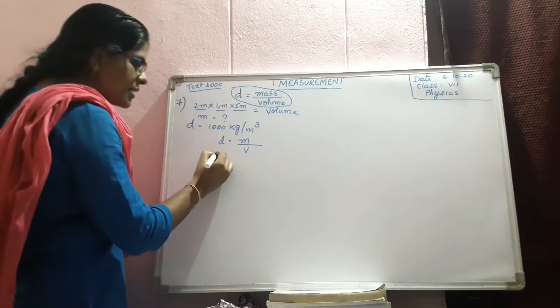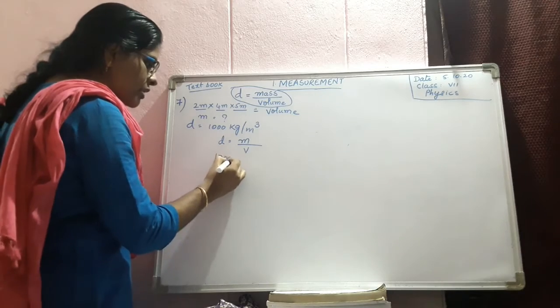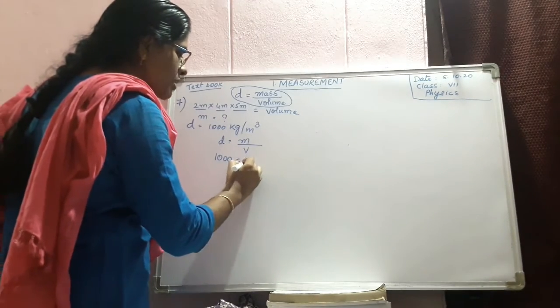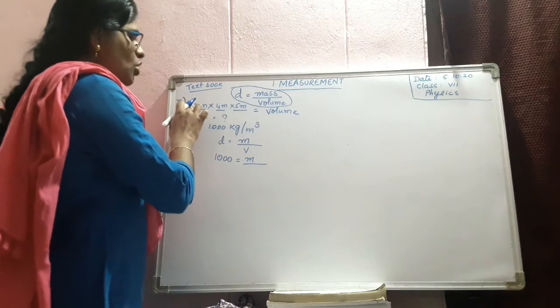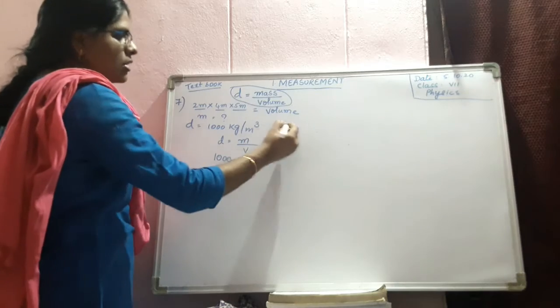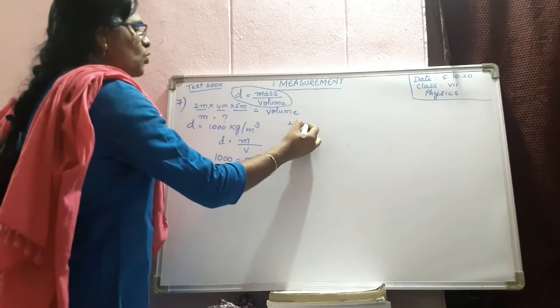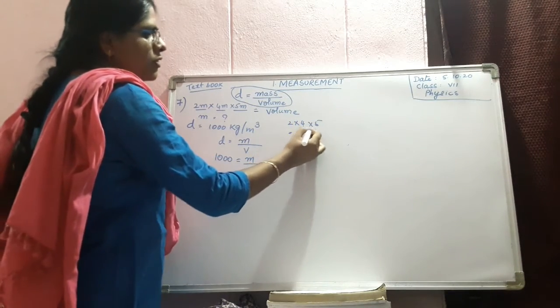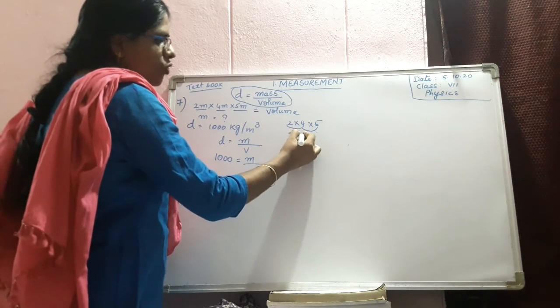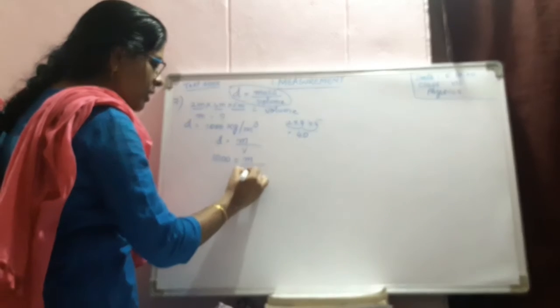How much is the density? 1000 equals mass, which I don't know, by volume. Volume is 2 into 4 into 5. 5 fours are 20, 20 into 2 is 40.